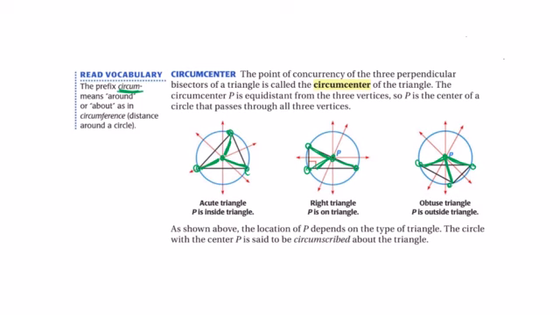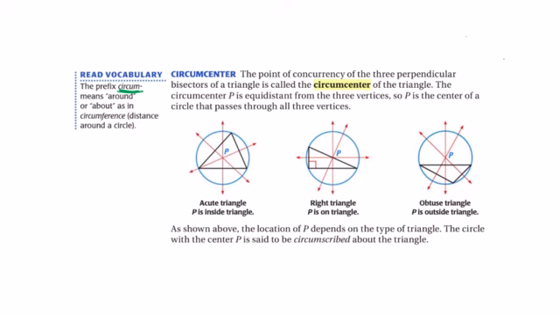Alright, so depending on the type of triangle we have, here we have an example of an acute, a right, and obtuse triangle. Analyzing it according to the different angles, I've got different locations in which my point of concurrency, my circumcenter, can lie.